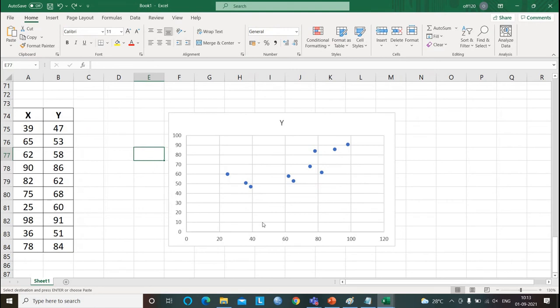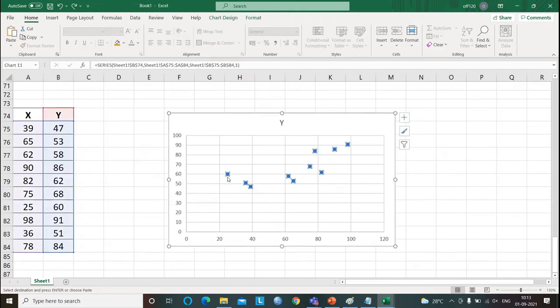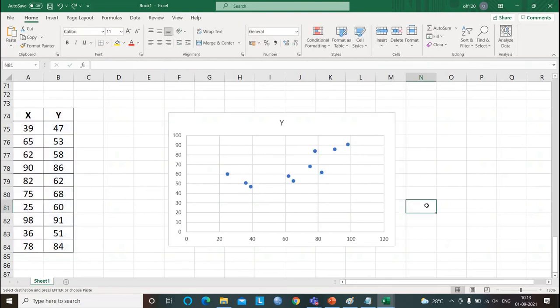So simply plot the values of X and the values of Y on the Y axis, and try to join those points. It is not necessary to start with the first point like 47. Whatever the first value you have, from there join the values to the right-hand side and go up to the last value, so that finally you come to a conclusion whether the line is going in the upward direction or downward direction.